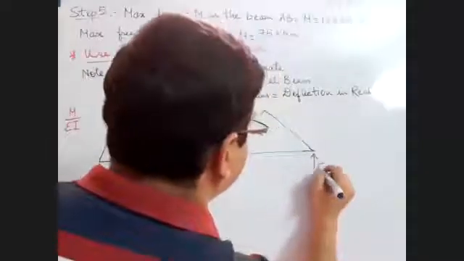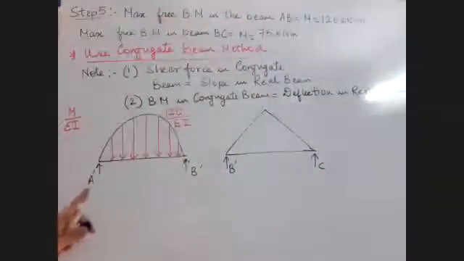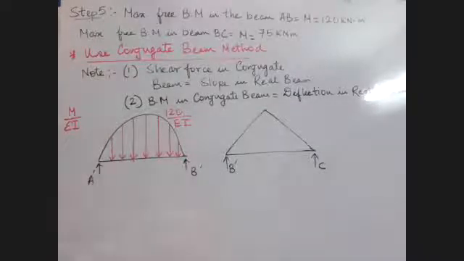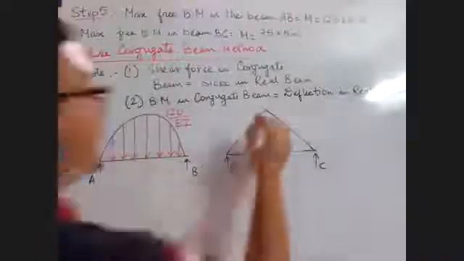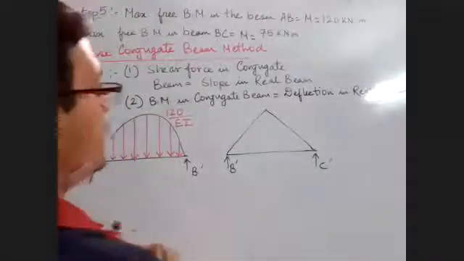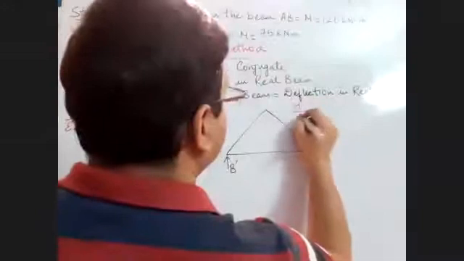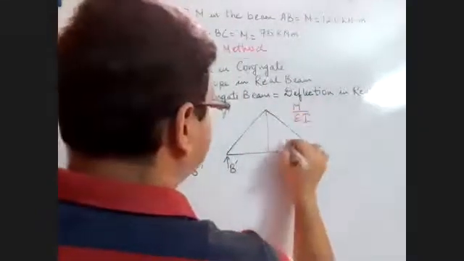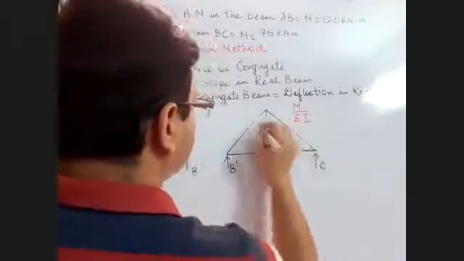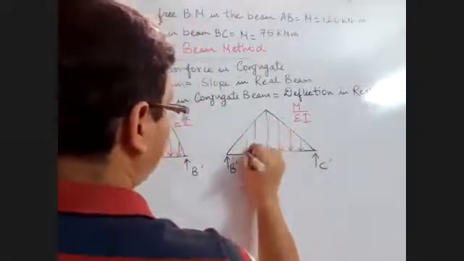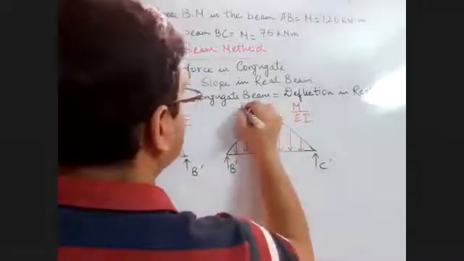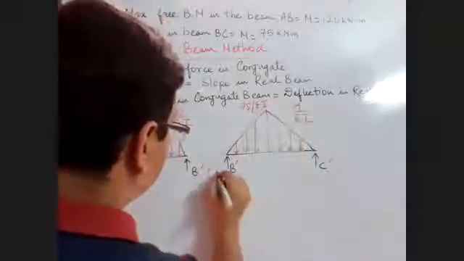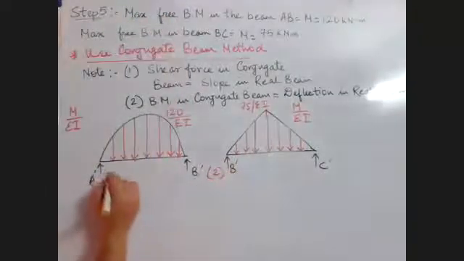AB is converted to A dash B dash and BC is converted to B dash C dash. Here also we will draw the M by I diagram. If you forgot the conjugate beam, you can go to any strength of materials book and just revise. 75 by EI. This is coordinate 2 and coordinate 1.